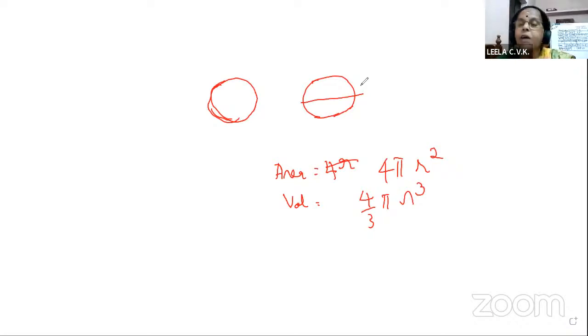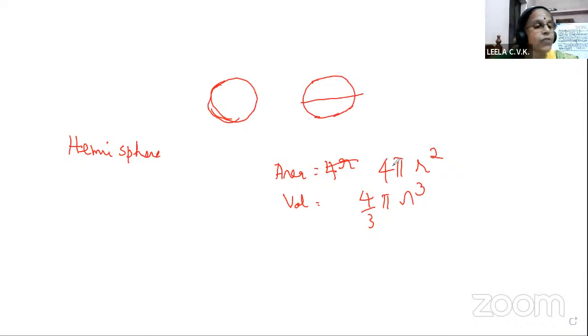How will we tell half of the sphere? We are not saying half a sphere. Instead of that, we use the word hemisphere. In the case of circle, half circle, what do we say? Semicircle. But here, half sphere, H-E-M-I, hemisphere we write.